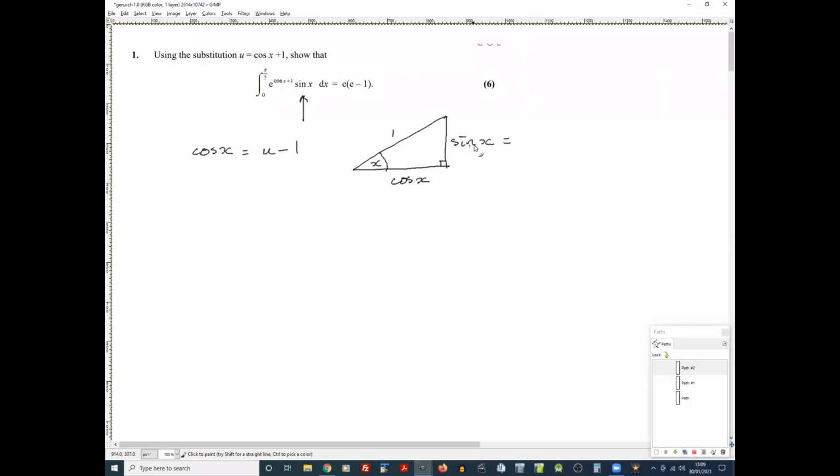So sine itself is root of 1 take away cos squared. Which, if we use that, we can turn into what? Root of u squared take away 1 squared.